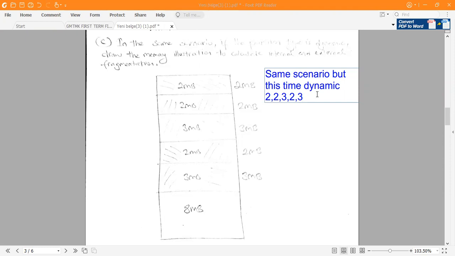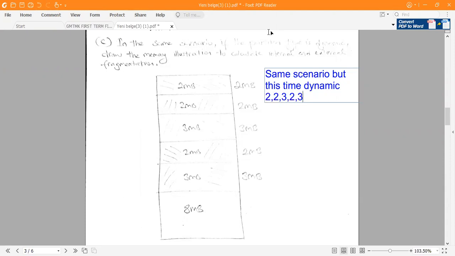But if I don't tell you the partition type, and I am waiting for you to understand and write, that time you have to tell me. But here, if I understand you correctly, you don't need to mention it. So this scenario is the same, but this time it is dynamic partition.